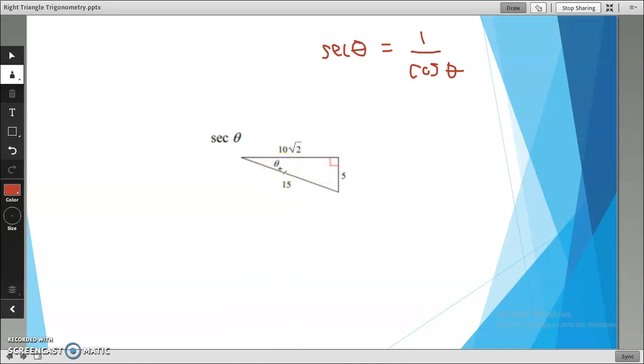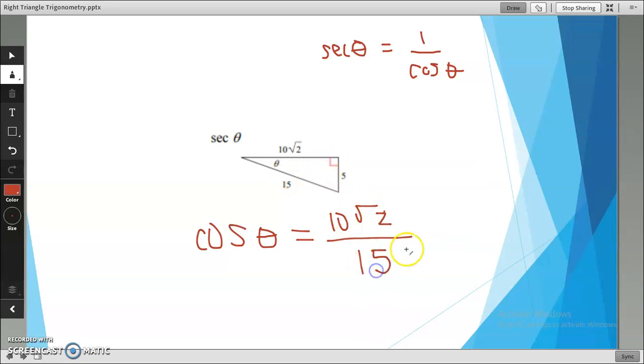And cosine, if you recall, is adjacent over hypotenuse. So the adjacent side is 10 root 2, and the hypotenuse, right across, is 15. So if I want to flip this to get secant, my reciprocal, it's going to give me 15 over 10 root 2.